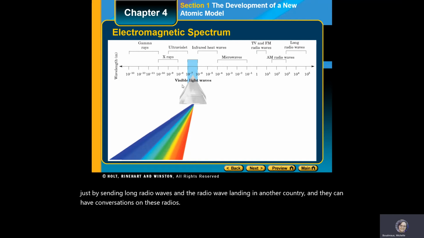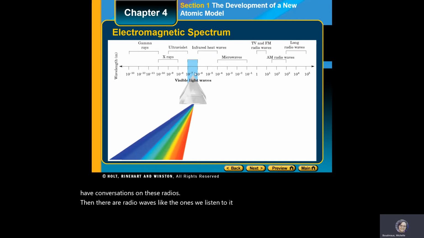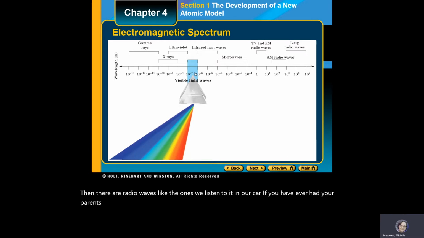Then there are radio waves like the ones we listen to in our car. If you have ever had your parents want to listen to WWL radio during the hurricane, that's because WWL is an AM radio station that has coverage about storms and things like that. Those radio waves are only about 100 to 1,000 meters long.